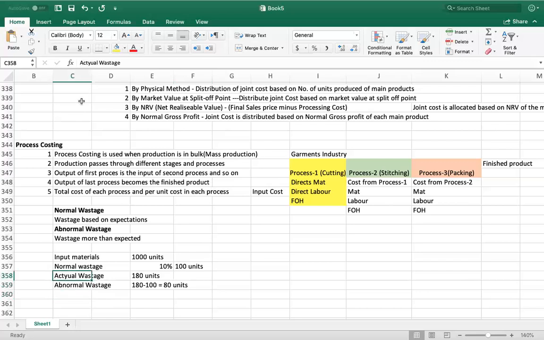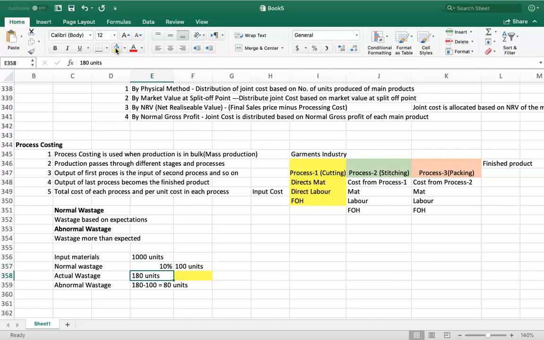Okay, let me make another scenario. Can you guess why your actual wastage is more? You were expecting that it should be 10%, means 100 units, but your actual wastage is 80 units more.